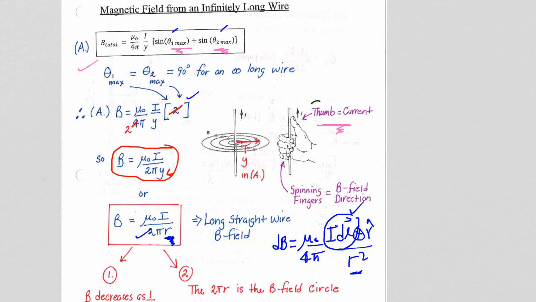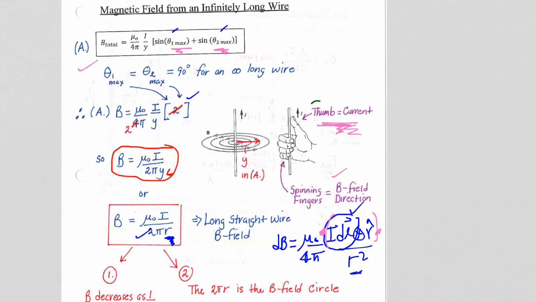Now, for problem solving, you'll see that I will almost always go right to IDL cross r hat to get the B field at any point in space. But as a quick and dirty way to say, what's the B field doing around a wire? If you let your right-hand thumb become the current for the wire, then spin your fingers, and your spinning fingers become the B field direction.